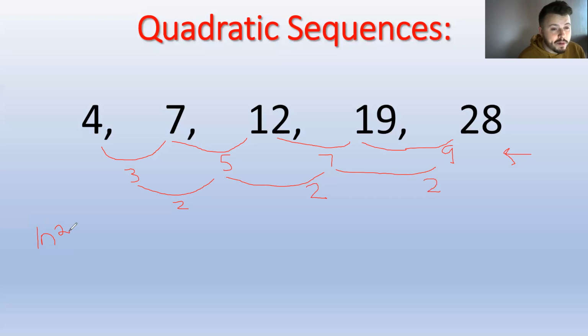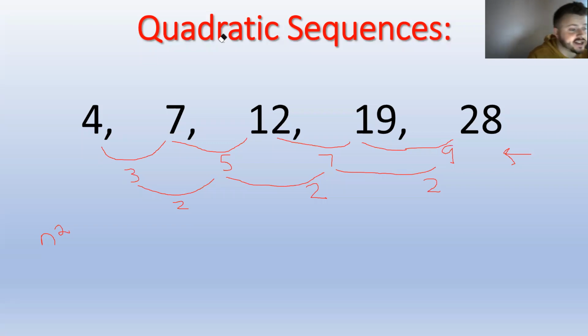We can talk more about the mechanics as the lessons go on, but for now, just put an n squared after halving the number of the difference. So the difference was 2, we halved it, we got 1, and then I put an n squared after that. Okay, but 1n is the same as just saying n, isn't it? So I don't need to write 1n. Instead, I'm just going to write n squared. So this is the first part of my sequence. N squared is going to be the first part of my nth term, right?